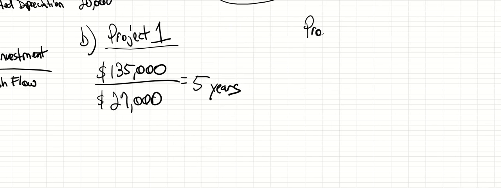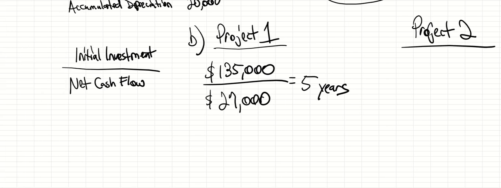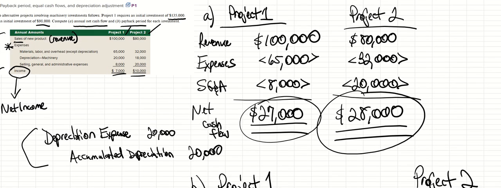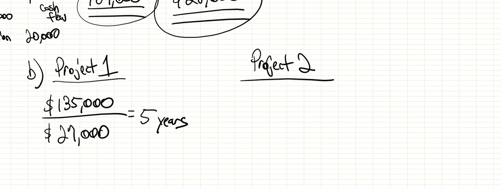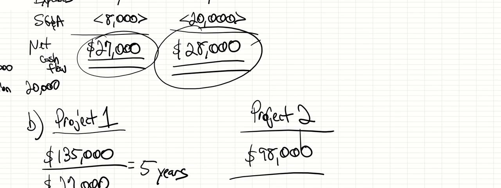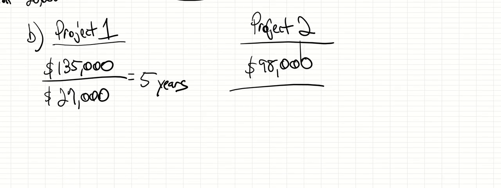Now we go to project 2. We take the initial investment from project 2, which is $98,000, and divide it by the $28,000 from letter A. That gives us 3.5 years.